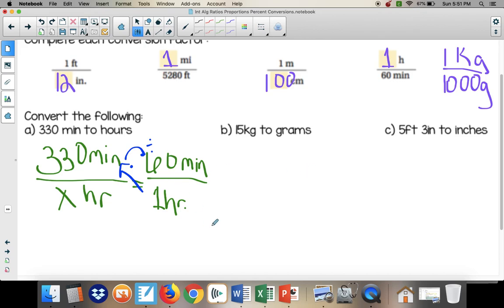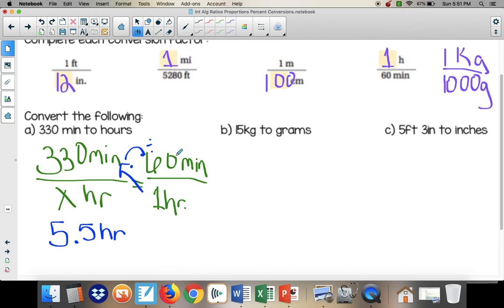So the one that would make the most sense to me is 1 hour. I'm going to figure out how many times 60 goes into 330. So if I take 330 divided by 60, that gives me 5.5. So my answer is 5.5 hours.